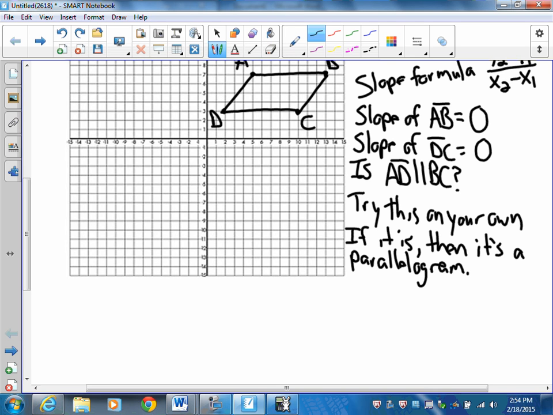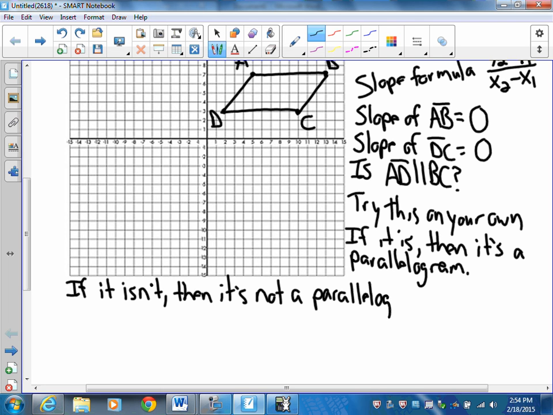If it isn't, then it's not a parallelogram. So you don't need to write this down. What you need to write down is what the slopes of AD and BC are, and ultimately, is it a parallelogram, isn't it a parallelogram?